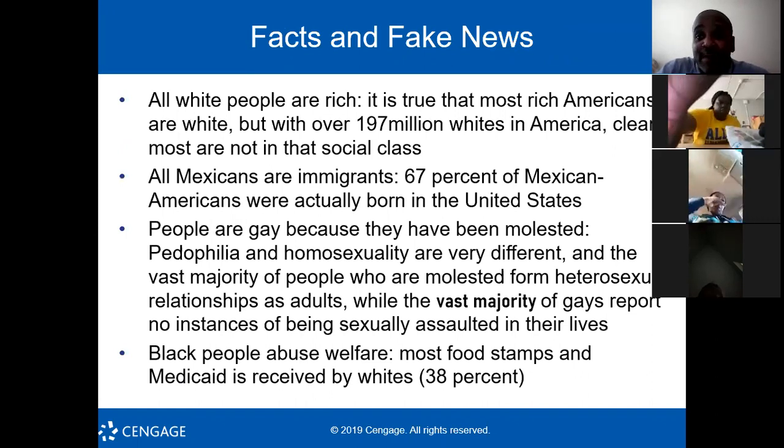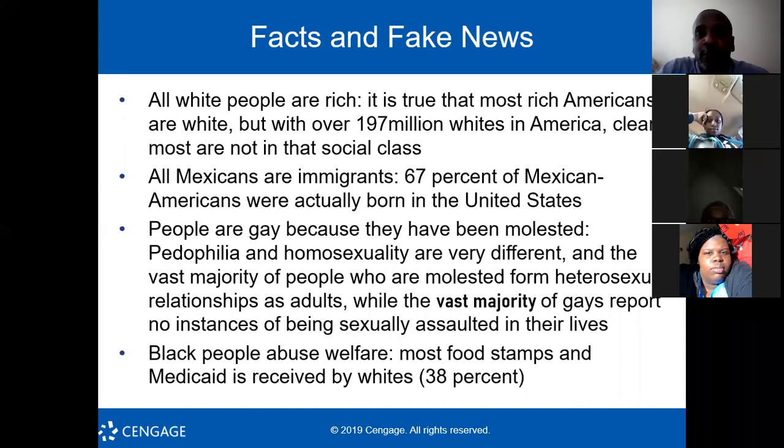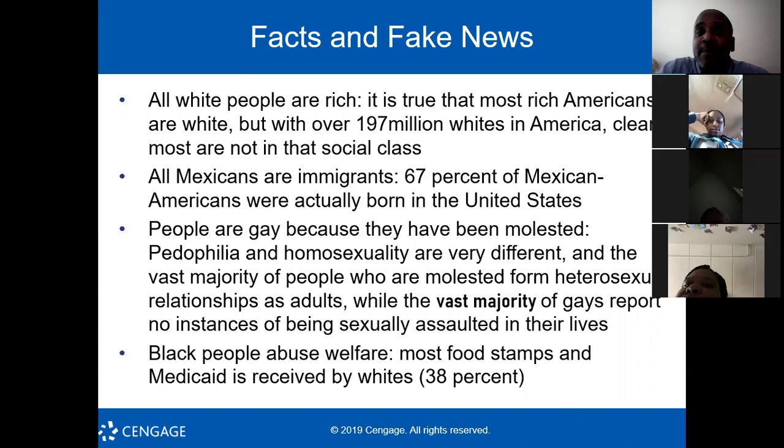But in spite of that, there's all types of misinformation out here. So some people, for example, will get the notion that all white people are rich. Is that real? No, you got some people on EBT and stuff. Most people who are on EBT are actually white. Do your own research. I could be making it up, but that's a fact.